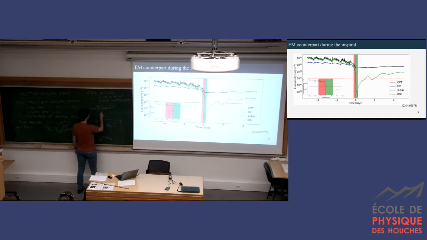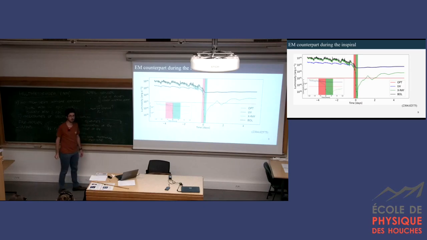You have time, flux. Let's suppose that your limiting flux for your instrument is like the dashed line. And let's suppose that before doing the LISA observation, the AGN that you were looking at was dormant, or maybe not dormant, but it was emitting not enough radiation, so it was below your flux.